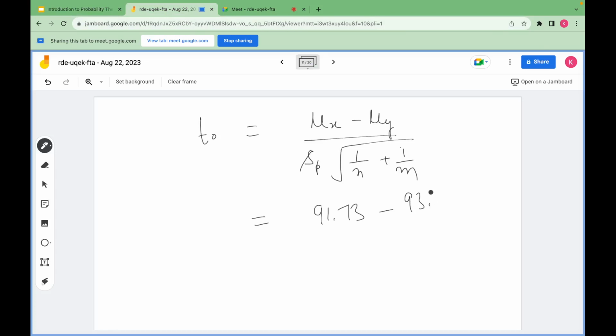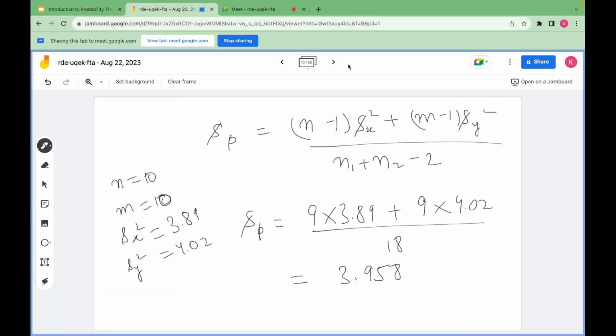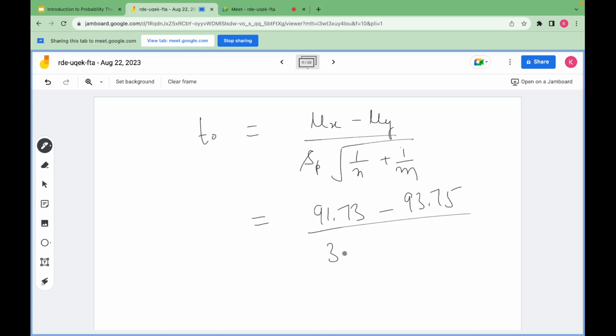Mu y is 93.75. SP is 3.958 into the square root of 1 by 10 plus 1 by 10, which is 1 by 5. So calculating this, this value comes out to be minus 2.03.